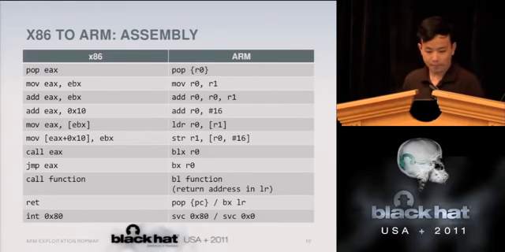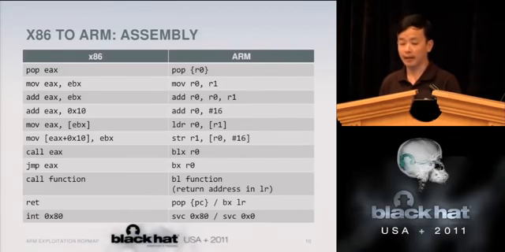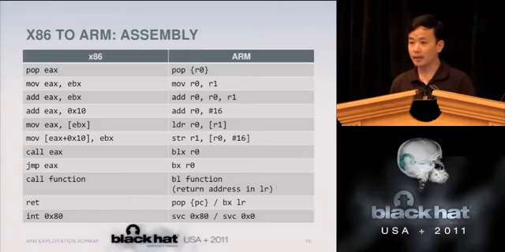For calling a function, we have a call instruction in x86. In ARM, we have BL, or branch with link, so the return address will be loaded in the link register.